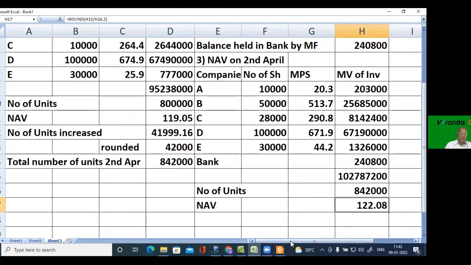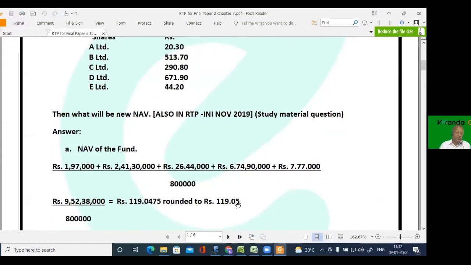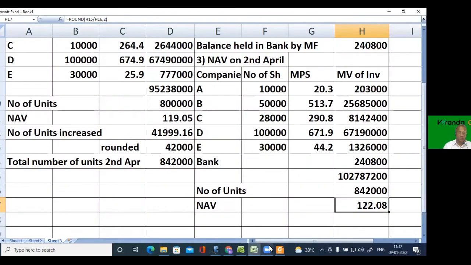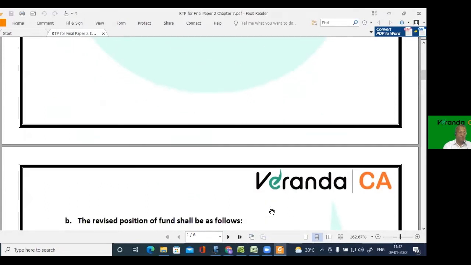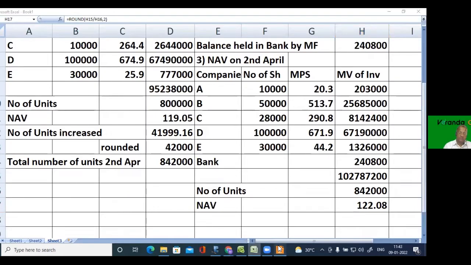It should run through the mind. Now let's just see. 119.05 that we have got. So 240, 800, that means rest of which are all correct only.